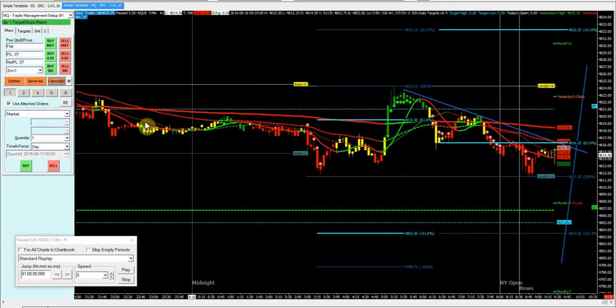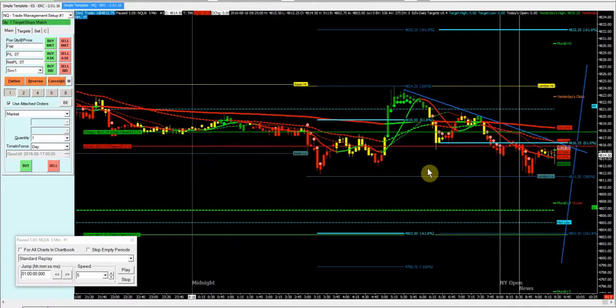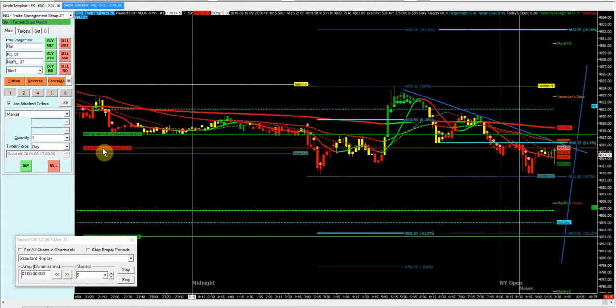So what I'll do is I'll put a sell limit order 3 ticks below. Here we are. What is it? 1625. So I want to put a sell limit order 3 ticks below that.